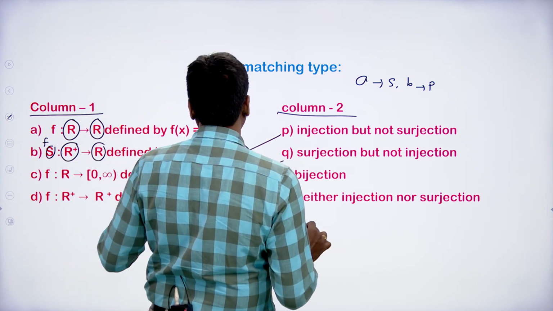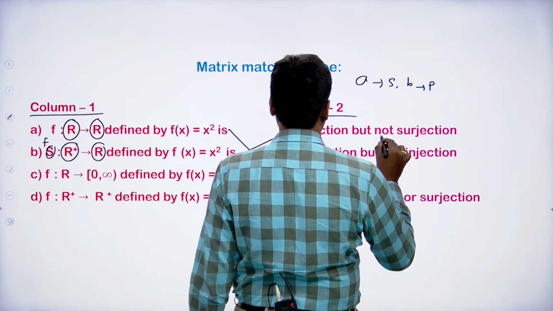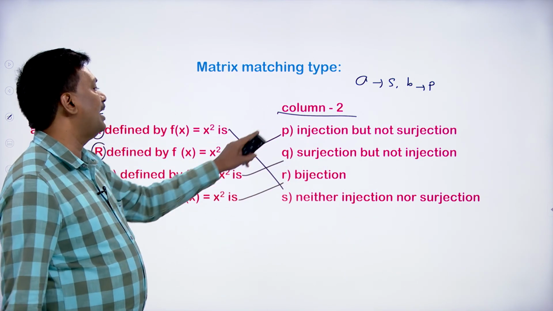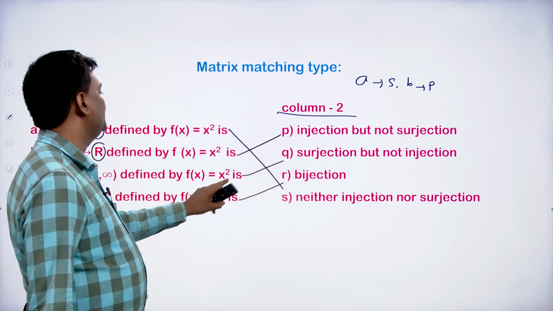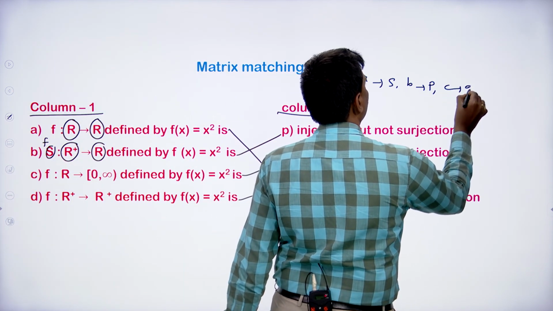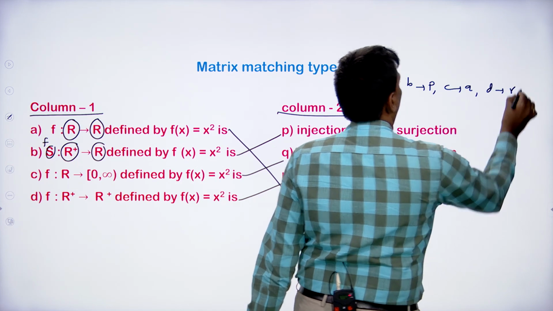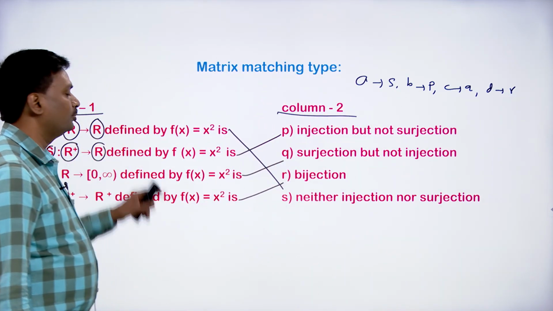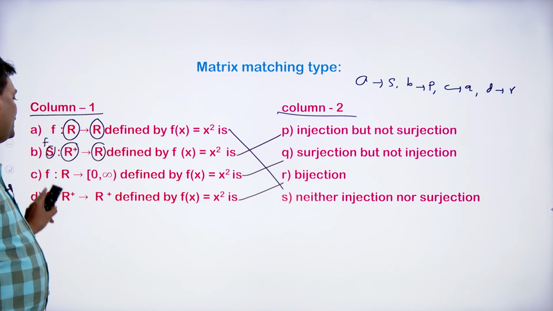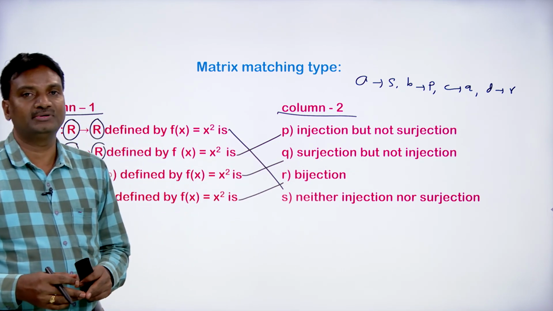So here we can map C to R. So A is mapped to S, B is mapped to P, C is mapped to Q and D is mapped to R. Already I proved the first two problems. Similarly you can do question C and question D. So this is the matrix matching type.